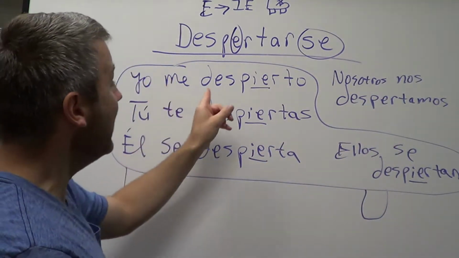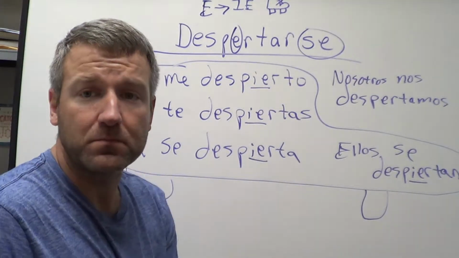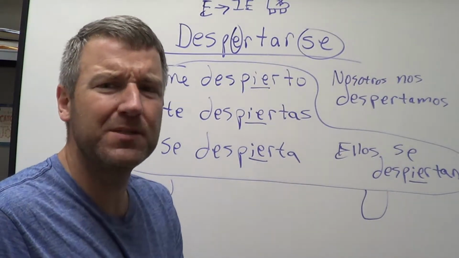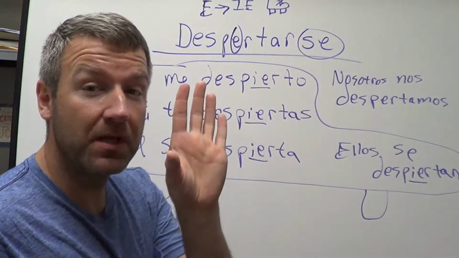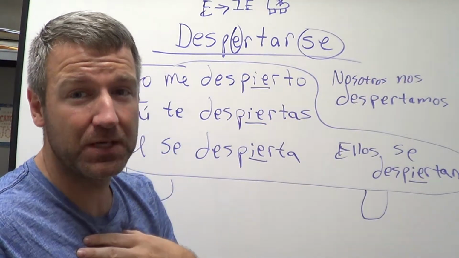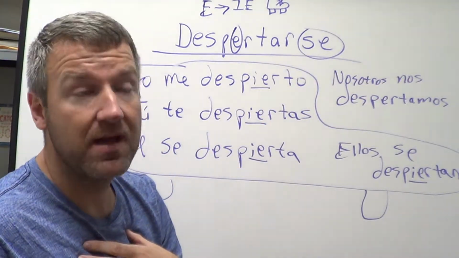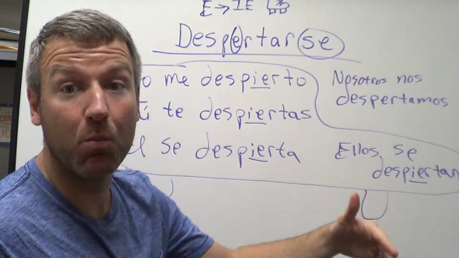So, yo me despierto means I wake up. I wake up myself. But what would yo despierto mean? What could that possibly mean? When you do something to someone else or something else. So if yo me despierto means I wake up, then yo despierto means I wake up someone else.